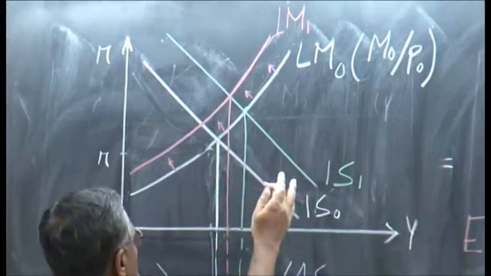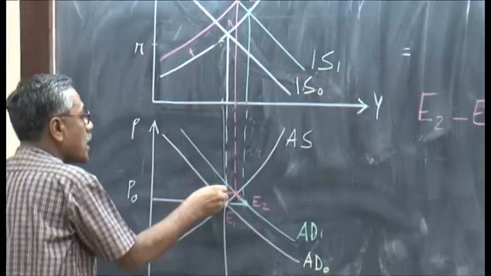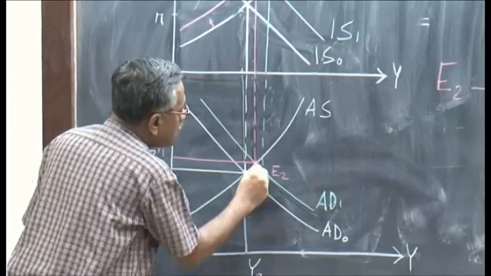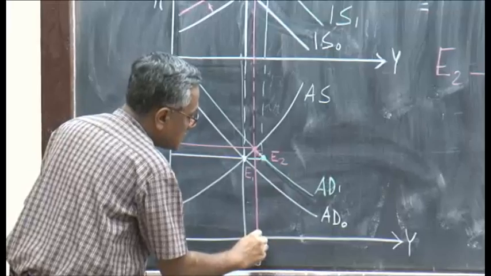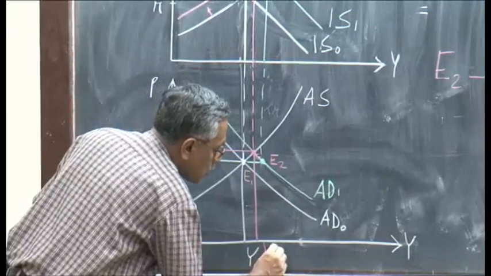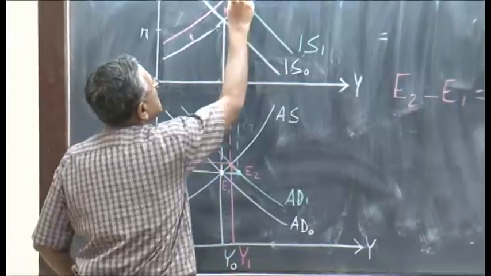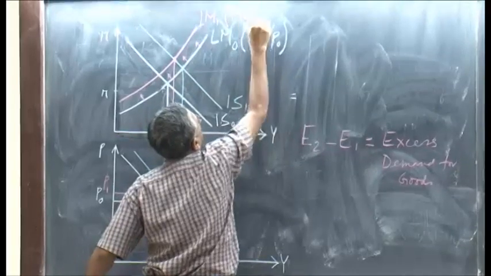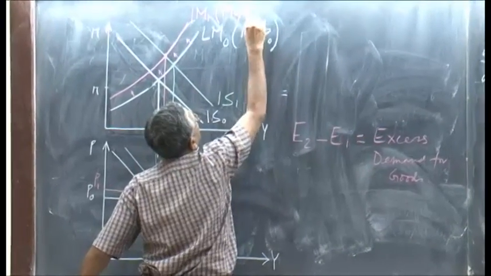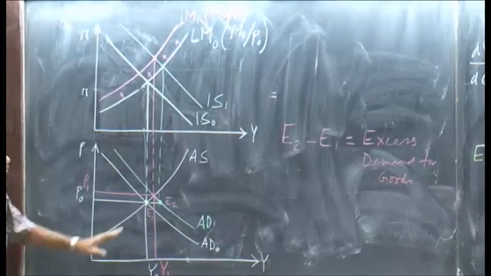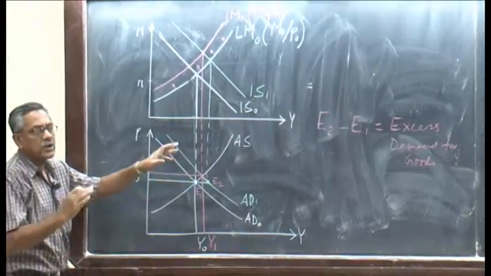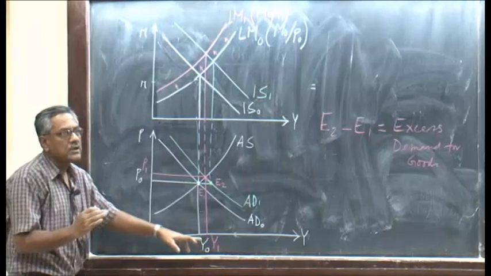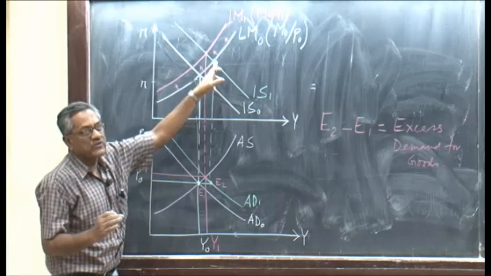It will finally go to where prices in the economy would have risen to P1 and output will also increase, but it will only increase up to Y1, and this is the new point of equilibrium where you have M naught value of money supply divided by P1 value of prices. So the adjustment goes up along the demand curve, and the economy starts adjusting. The final level of output that the economy produces is Y1. So in a normal ISLM, we would have come to the green point.